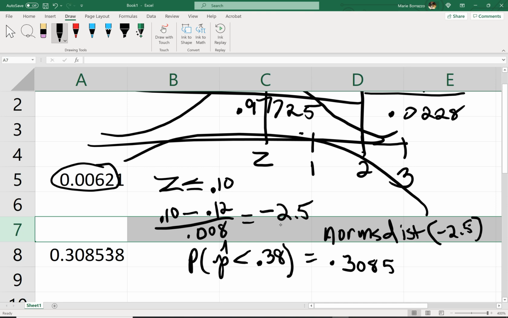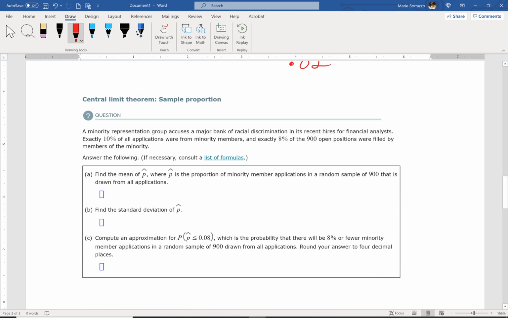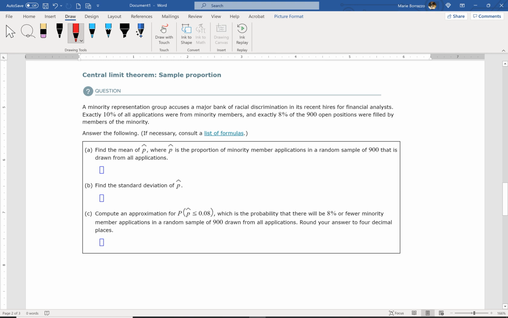Okay, let's take a look at the third question that I have, or the fourth question I have here. In this question, it says a minority representation group accuses a major bank of racial discrimination in its recent hires for financial analysts.